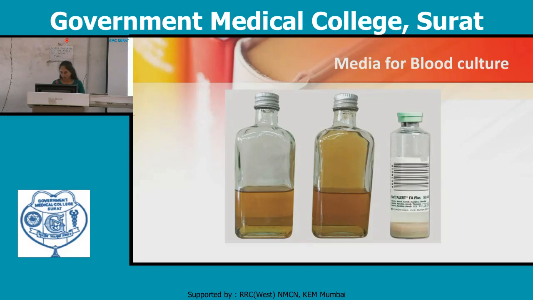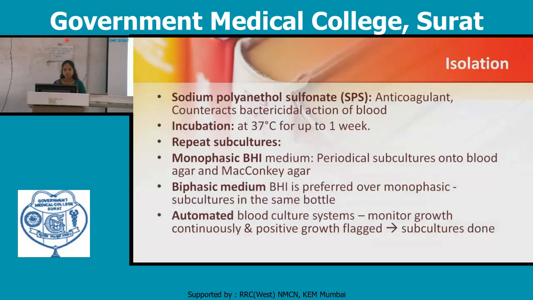Isolation: sodium polyanethol sulfonate, SPS, is the anticoagulant that counteracts the bactericidal activity of the blood. Incubation is at 37 degrees centigrade for up to 1 week. Repeated subculture is done in monophasic BHI medium, with periodical subculture onto blood agar and MacConkey agar.